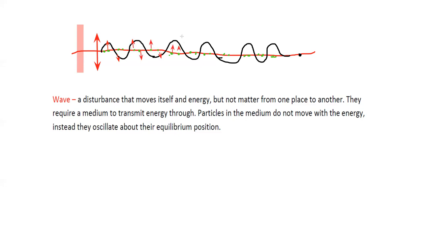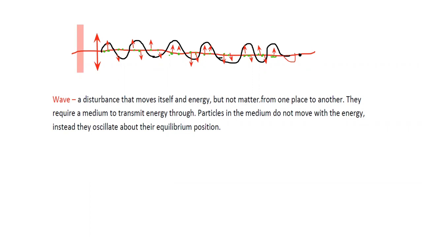But as these particles vibrate, they won't move from one place to another. They will remain at their specific position and only vibrate up and down or right and left. So the particles do not travel from one place to another, but the energy does. The disturbance that moves is energy, but not matter.